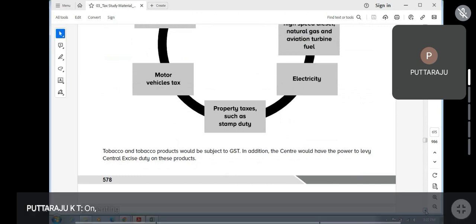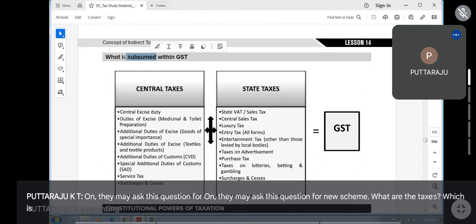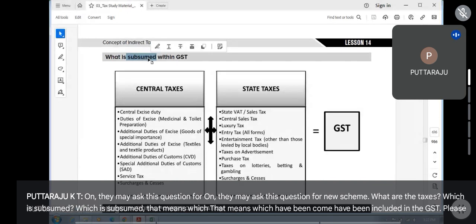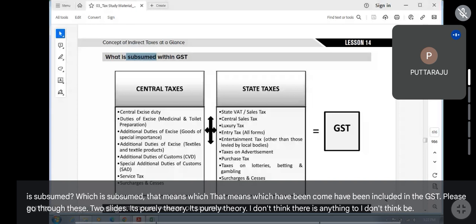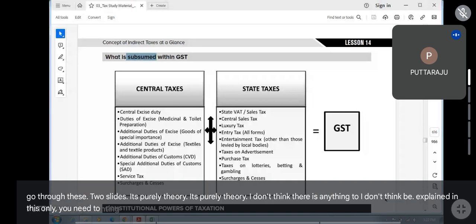Then before moving to this one, let me just glance through some of them. They ask questions for the new scheme: what are the taxes which are subsumed, that means which have been included in the GST. Please go through these 2 slides. It's purely theory. I don't think there is anything explained in this. You only need to learn a few things by heart.